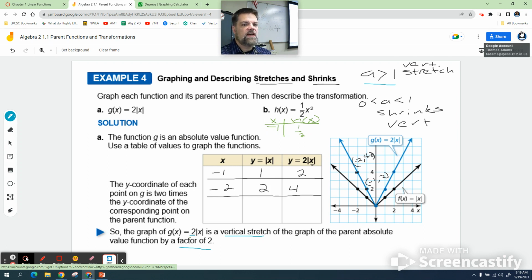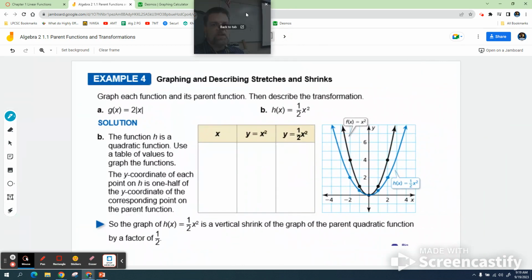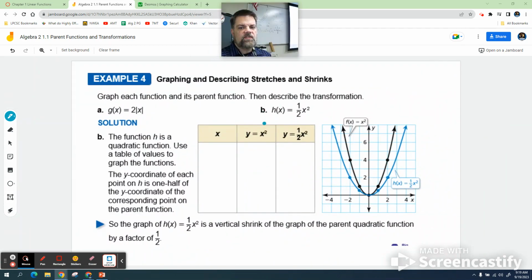Any questions on that? And so now when we look at part B, you don't have to write all this stuff down. The only thing that you have to write down for part B is the graph and then the numbers. So don't write all these words down. I just want you to maybe write this graph down. Like I said earlier, if I plug in a -1 here, when I square it, it becomes a +1. And then this is multiplied by 1/2, so I get 1/2.